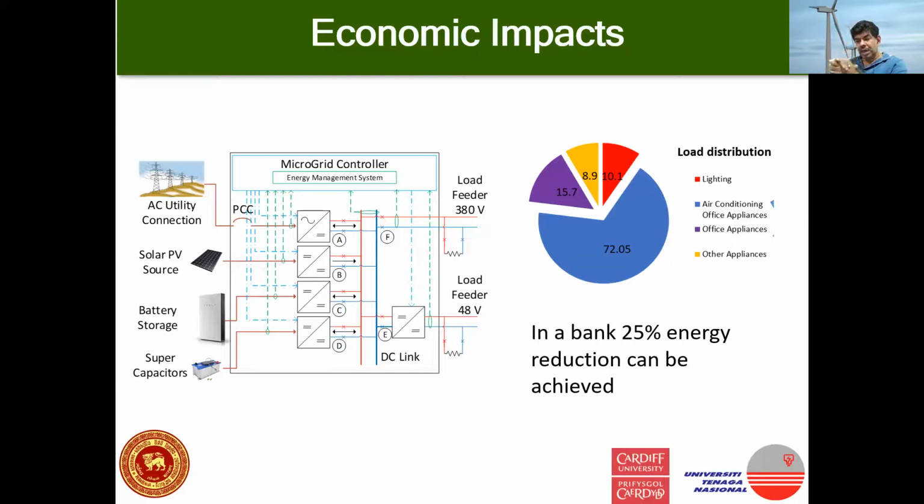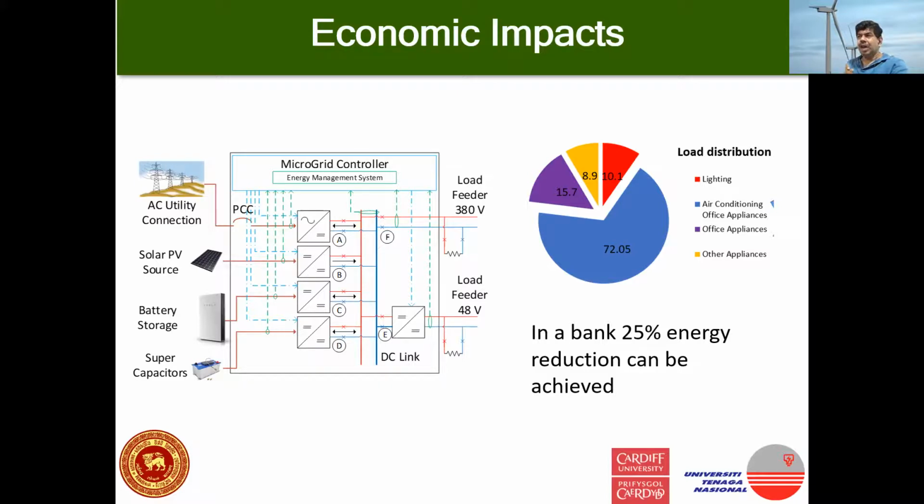Now, this is particularly advantageous for a bank because the operation is in the daytime when the PV is available. And as I told you, even though the LED lights are now connected to AC circuits, inside you have a rectifier to convert AC into DC. The same with the inverter controlled air conditioner, the same with your laptop, your desktop computer, your printer.